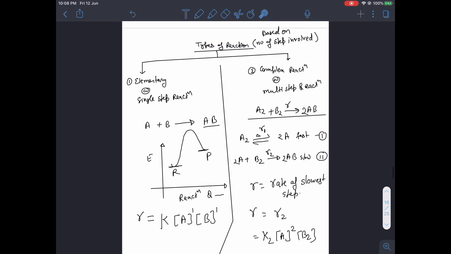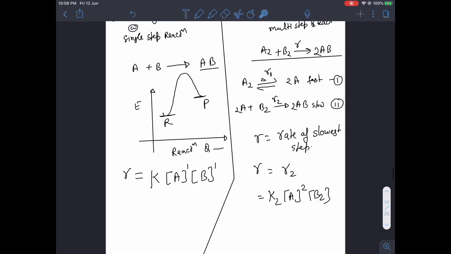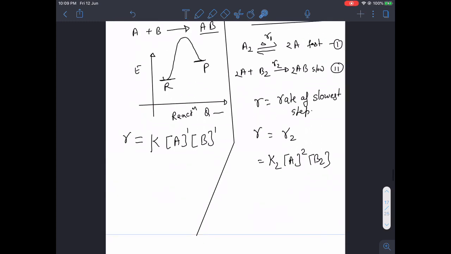Why? Because whenever we write the rate expression, we have to include only this portion, not this one. Why? Because A is not an actual reactant. A has come as an intermediate here. You see, A is just an intermediate. A is nowhere involved on the reactant side, neither on the product side. So we have to remove this intermediate.